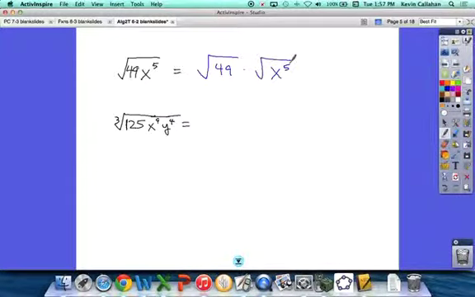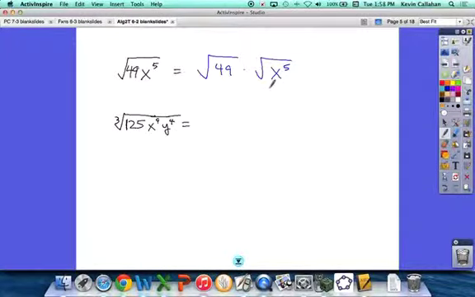When you're simplifying the numbers, you have to think to yourself, is 49 a perfect square? Yes. So we don't have to do anything to break that into factors. It's going to simplify. What about the x to the fifth? Is 5 divisible by 2, because it's a square root, that's the index? No, it's not. What's the greatest number less than 5 that is divisible by 2? 4.